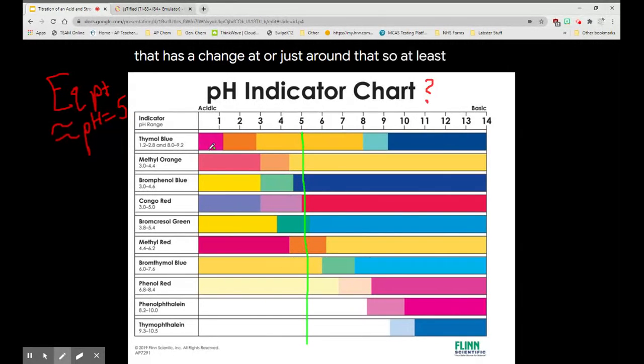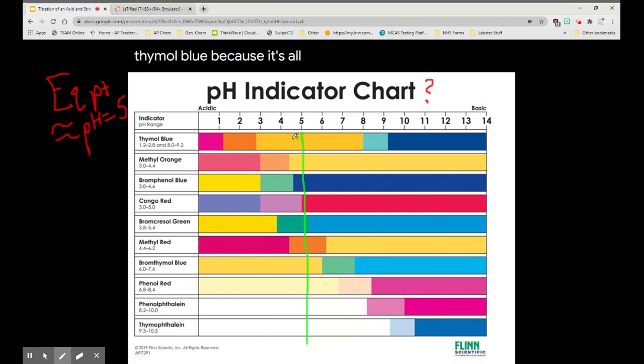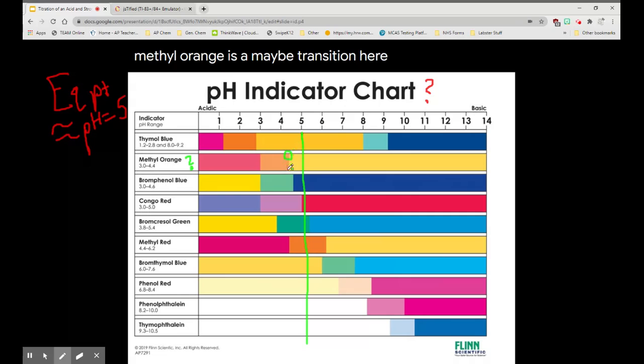So that leaves out thymol blue because it's orange before and after that. Methyl orange is a maybe because of this transition here. Bromothymol blue is a maybe as well because its color changes very close to our endpoint.